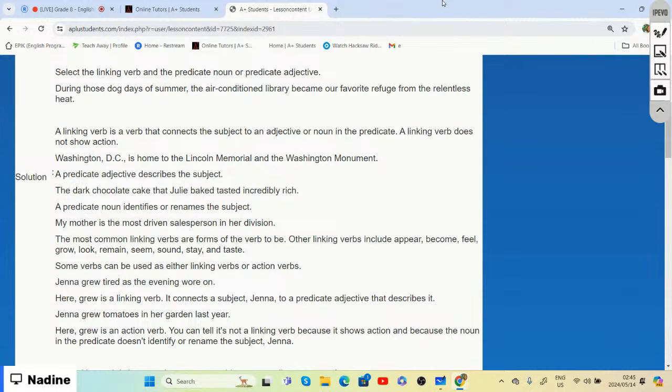And then also Jenna grew tomatoes in a garden last year. Then we say grew is an action verb. And you can tell it's not a linking verb because it shows action, and because the noun in the predicate doesn't identify or rename the subject.